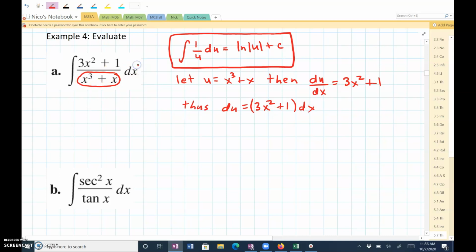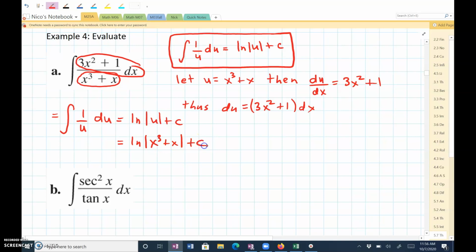So, now I can substitute in. So this part here, this will be 1 over du, and this part here, this will be u, and then we can apply the rule. This would be the natural log of the absolute value of u plus c, where u is x cubed plus x plus c. So that would be A.